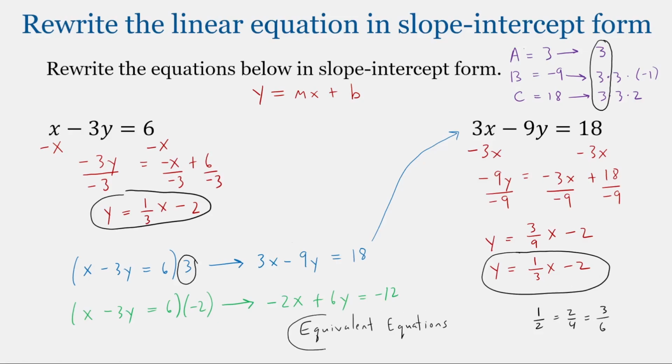And we use equivalent equations all the time. This is what we're creating when we subtract 3x from both sides, or we divide by negative 9. And we'll also use equivalent equations to solve systems of equations. So these multiple forms of the same line written in standard form are useful.